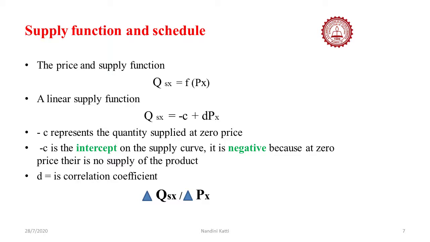Minus C is also the intercept on the supply curve, and it is negative because generally at zero price there is no seller who is ready to supply the product for sale. And D is the coefficient. So ultimately what we arrive at is delta QSX upon delta PX.